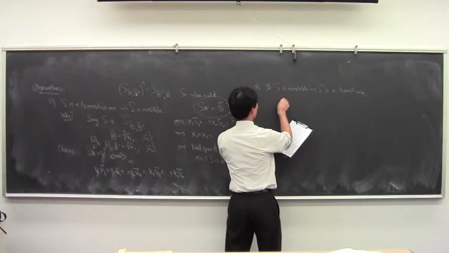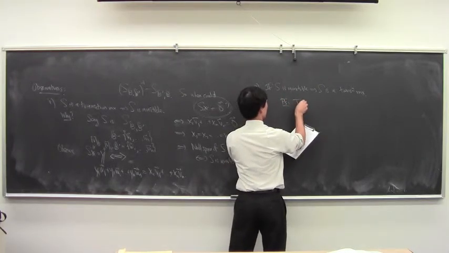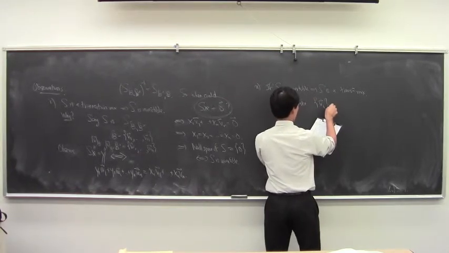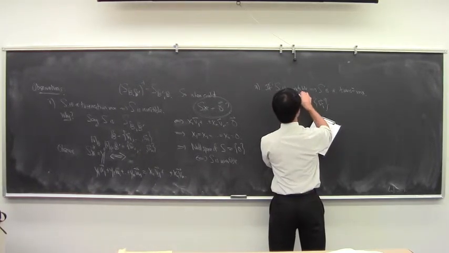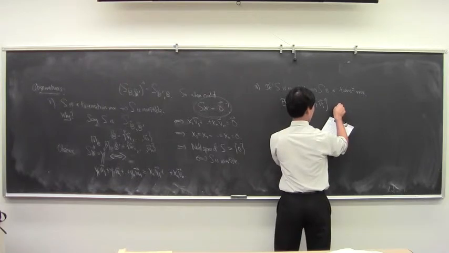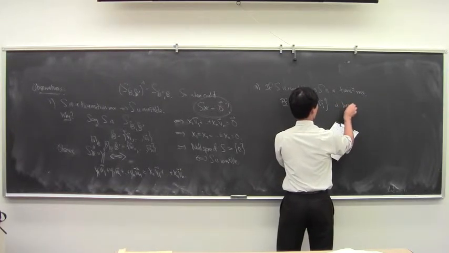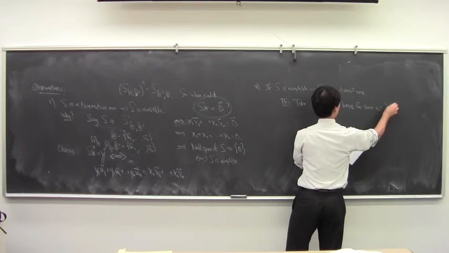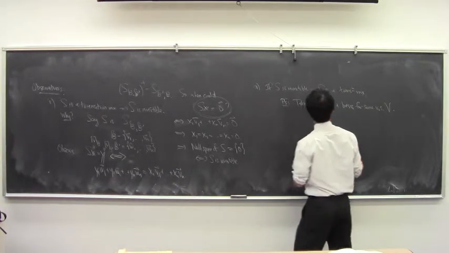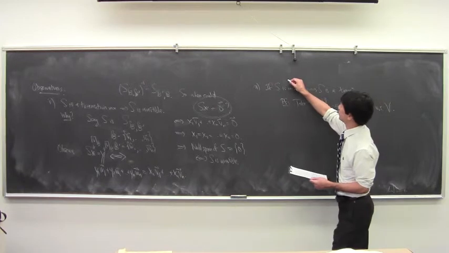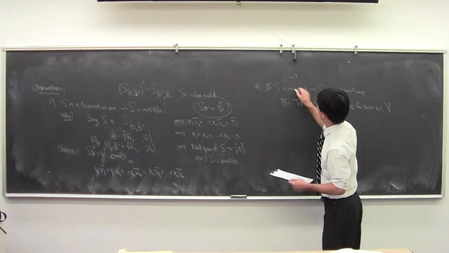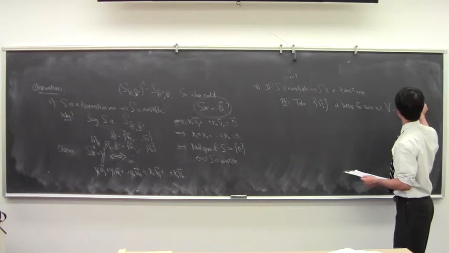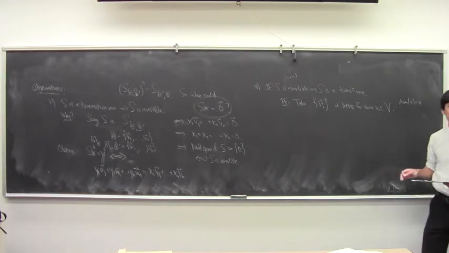Take the vi's a basis for some vector space of the right size. Let's say that S is an n by n matrix, and that V is the right size.